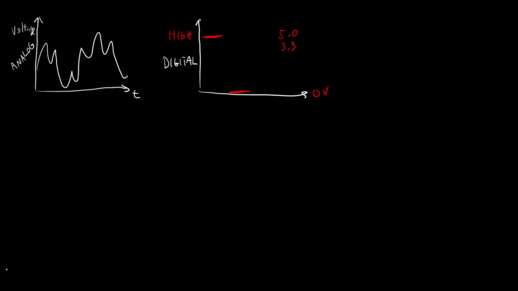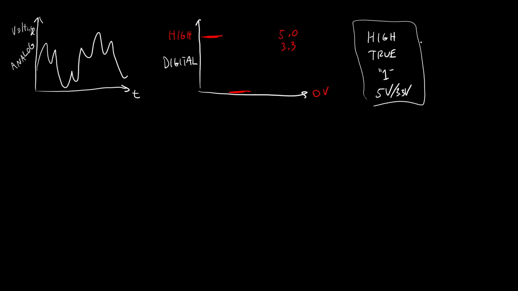But I will use the terms high, true, 1 in the binary sense, or refer to a voltage like 5 volts or 3.3 volts, all to mean the same thing, and then they each have their opposite. So opposite of high is low, opposite of true is false, opposite of 1 is 0. Again, in terms of binary numbers, not voltages, this 1 does not necessarily mean 1 volt.